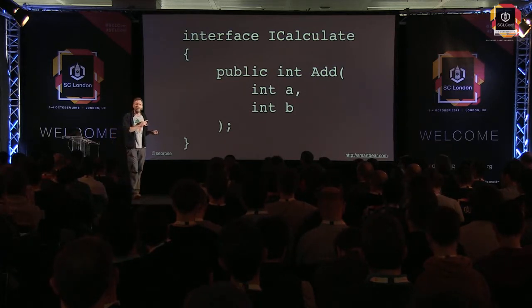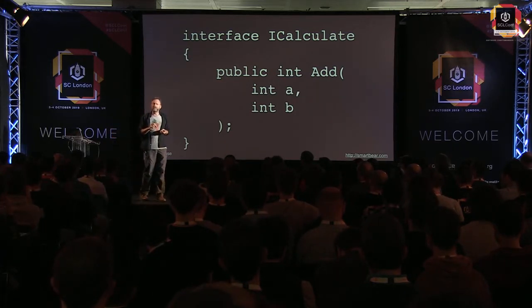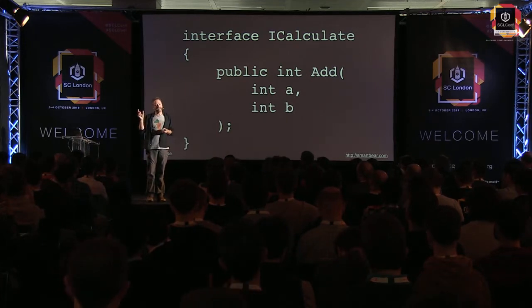This is a problem because we really need to ensure that when we create a test double, it behaves exactly like the component that it's replacing, especially when things are going to go wrong.